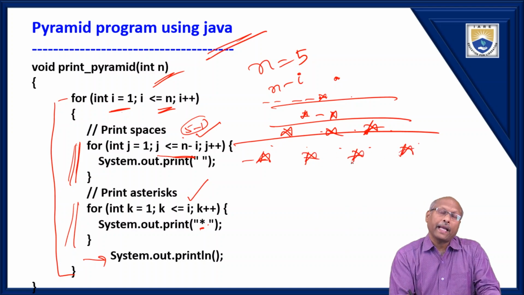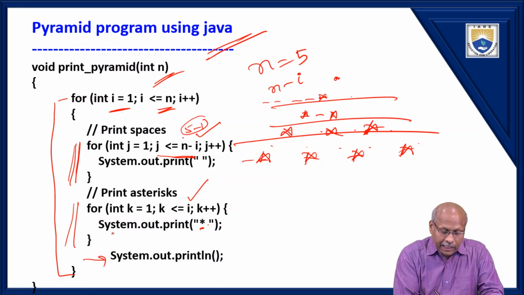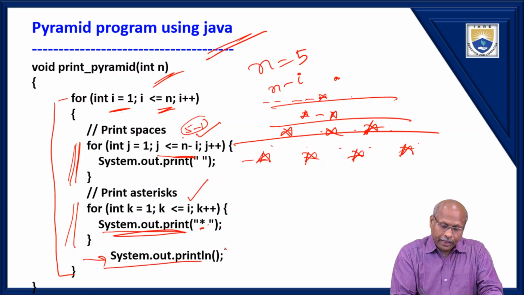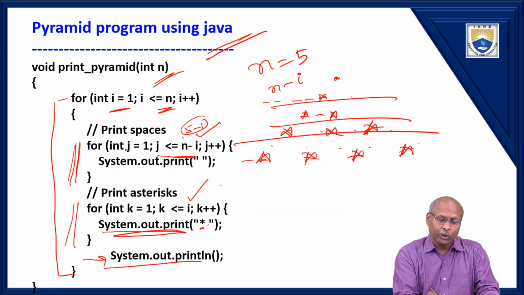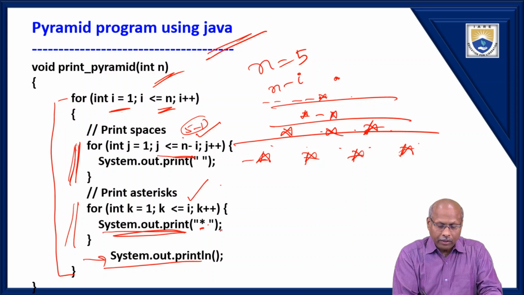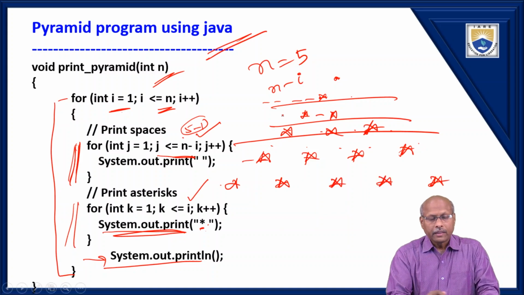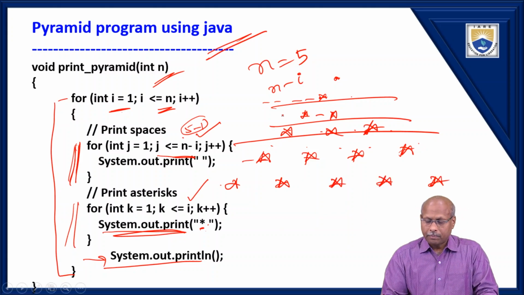So that means you are giving a gap between the stars. So this statement is printing the stars. After printing, a new line, then come to the fifth line. Fifth line means 5 minus 5, which means no space. So print all 5 stars: star, then star, then star, then star, then star. So now it is printing this way.